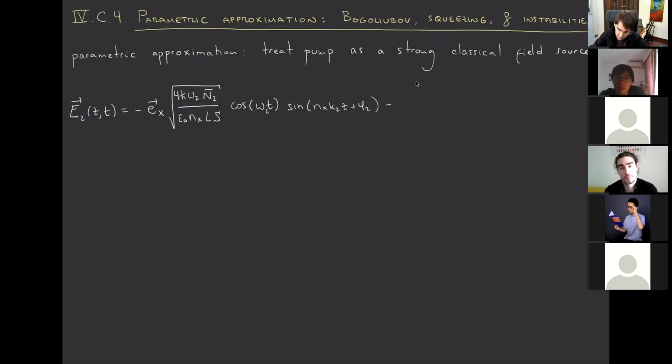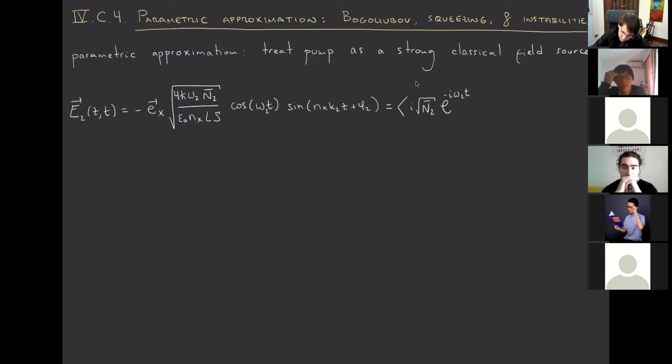The only important thing to remember is that this is equivalent, as I already mentioned, to assuming that the quantum mechanical state of your pump mode inside the cavity is a coherent state. In particular, it's this coherent state in here. Let me write it down. So it's a coherent state with photon number N2 oscillating at frequency omega2t.